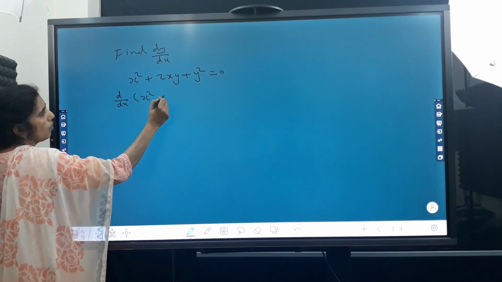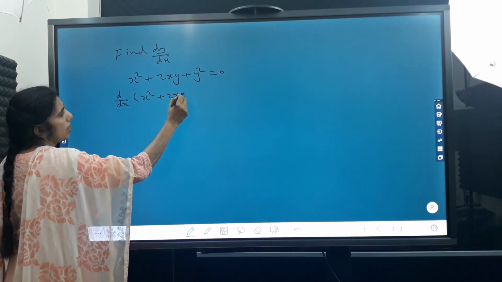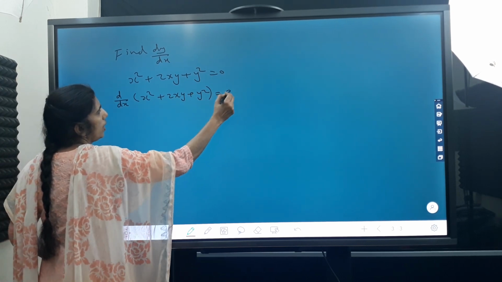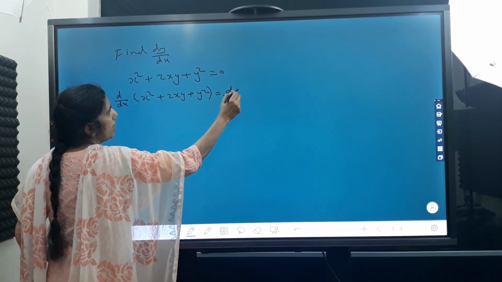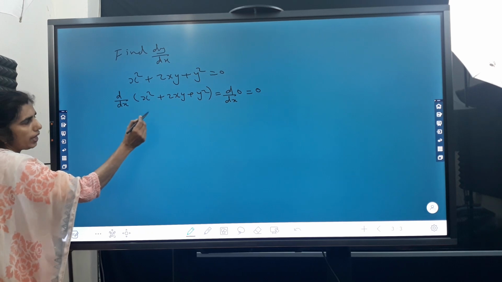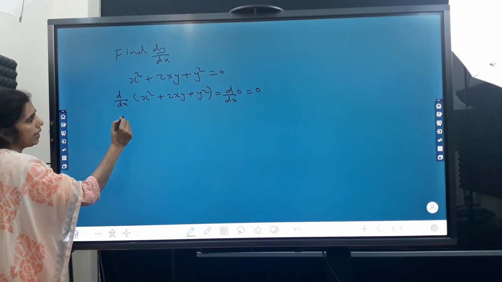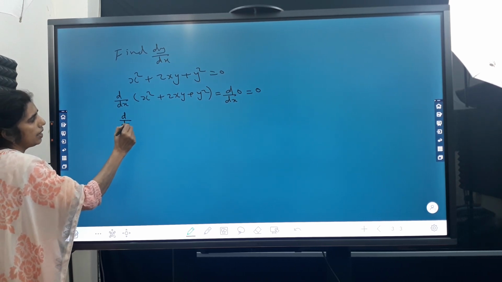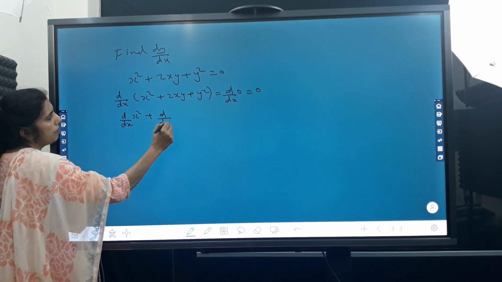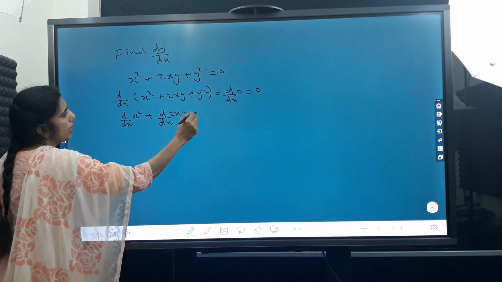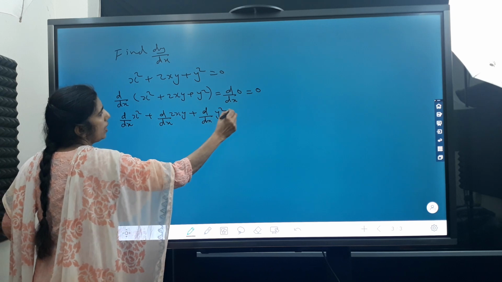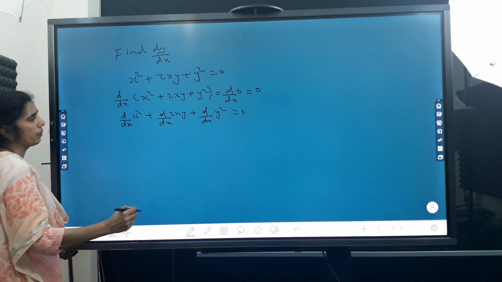So d by dx of x square plus 2xy plus y square equal to d by dx of 0, that is equal to 0. Now here we differentiate term by term, that is d by dx of x square plus d by dx of 2xy plus d by dx of y square is equal to 0.